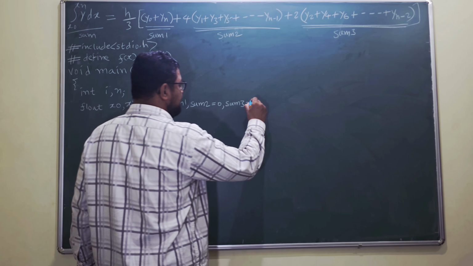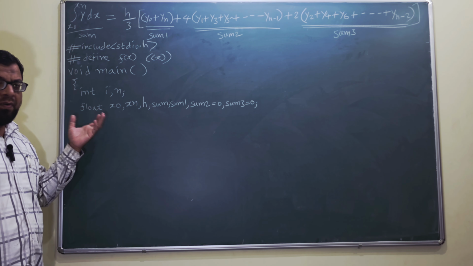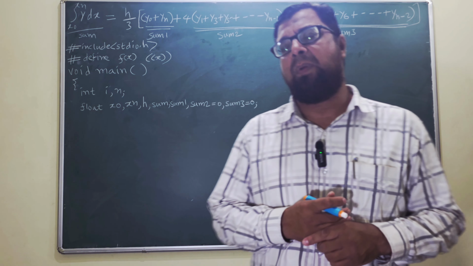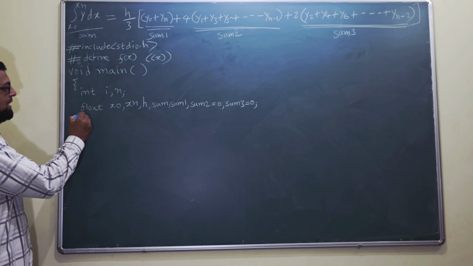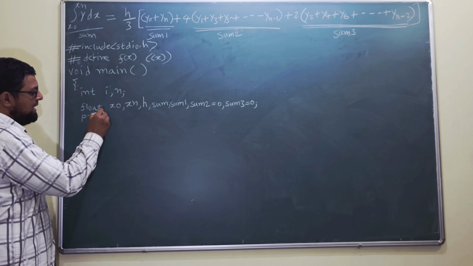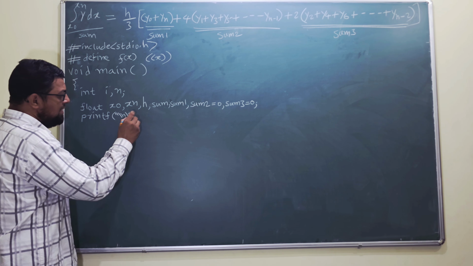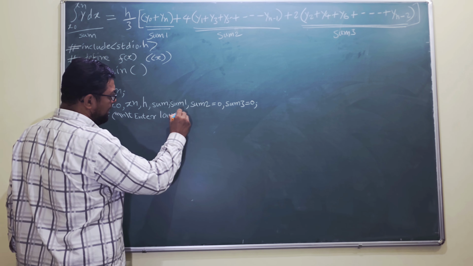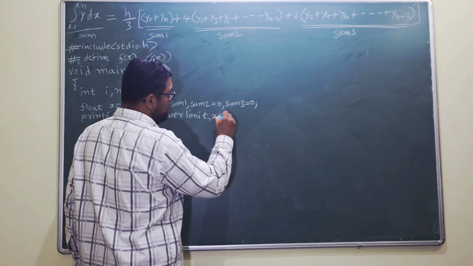And then after this, we have to take the inputs as the lower interval, upper interval, and as well as what? The number of parts. So for that purpose, we have to use printf and scanf statements. So I will write here printf \n \t, enter lower limit, say x0 is equal to.